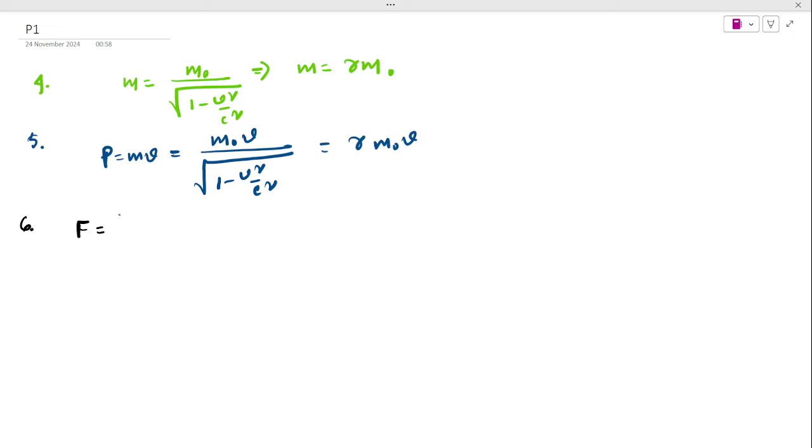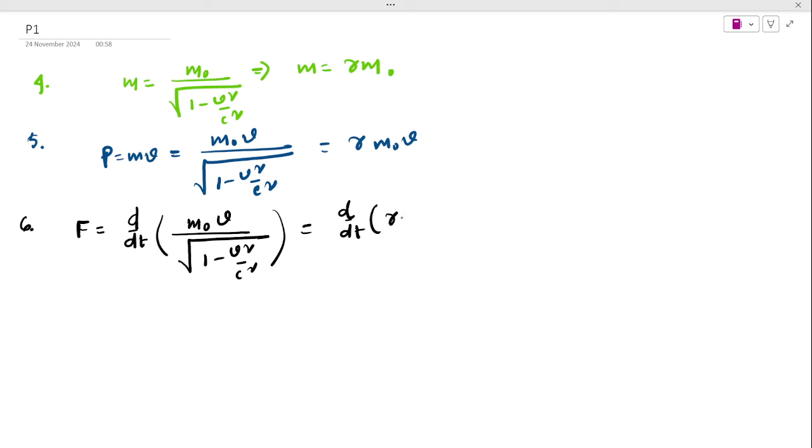Basically we know F equal to d/dt of mv, m naught v by root over 1 minus v square by c square, is equal to d/dt of gamma m naught v.